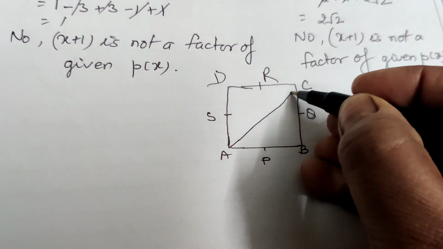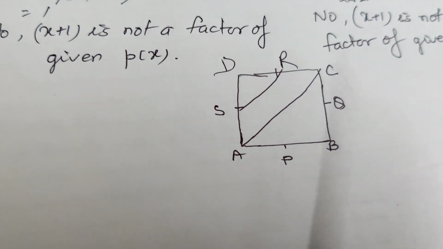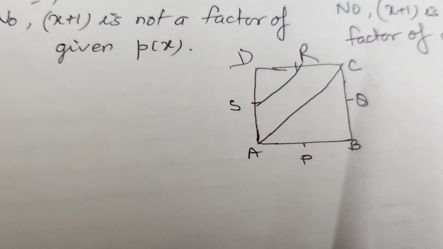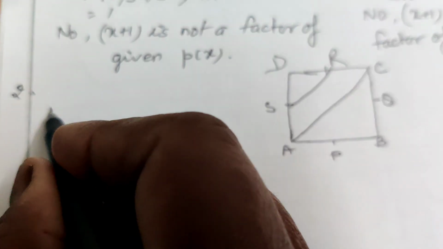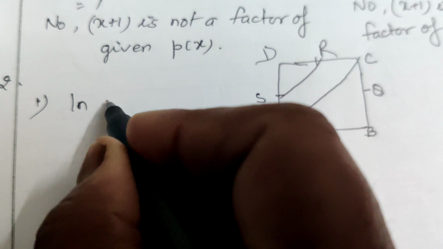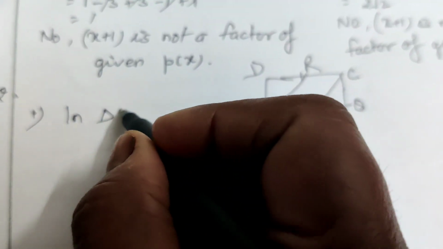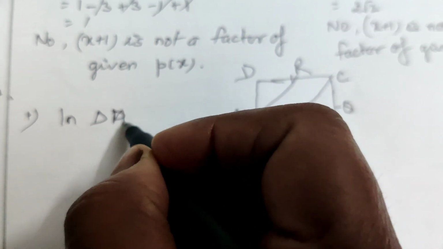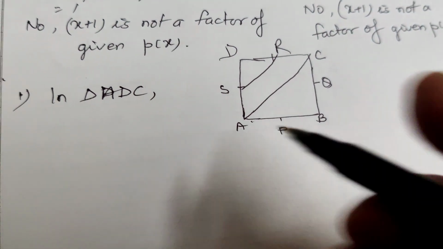Now join AC and SR. First part is this: SR parallel to AC and SR equal to half of AC. Okay, now first in triangle ADC, I am writing the proof.